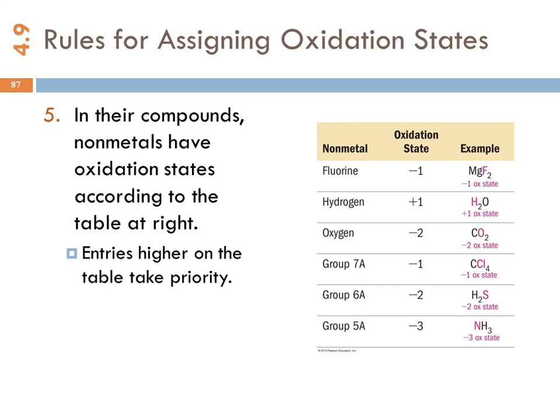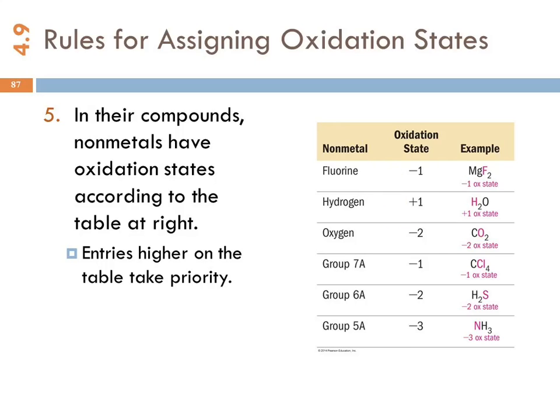The nonmetals is where things get a little more complicated. So this is a table that is very useful. What's important to remember is that entries higher on the table take priority. So here's fluorine. Fluorine's going to have a -1 oxidation state.